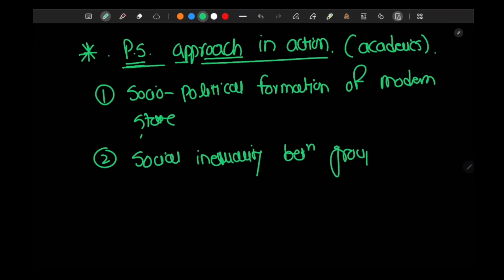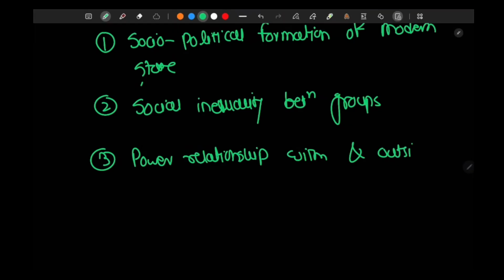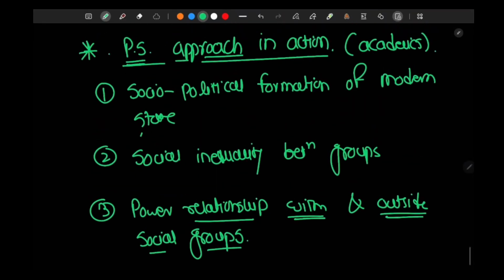I will explain this, don't worry. Third major approach is power relationship within and outside social groups.